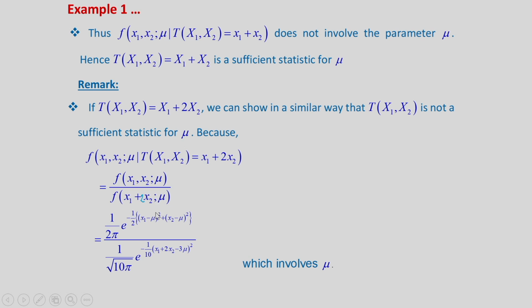So, if we write the Gaussian PDF for these two, then we will get numerator as this and denominator as this. Here we see that from these two expressions we cannot cancel out mu, therefore, this will involve mu. So, therefore, this conditional PDF given this statistic will involve mu, therefore, it is not a sufficient statistic.